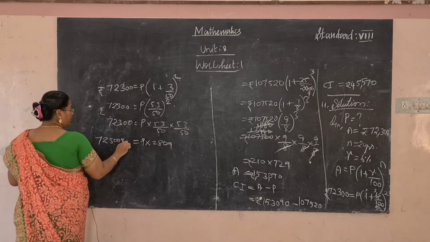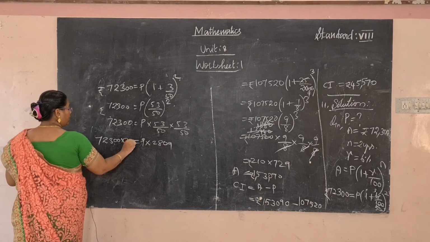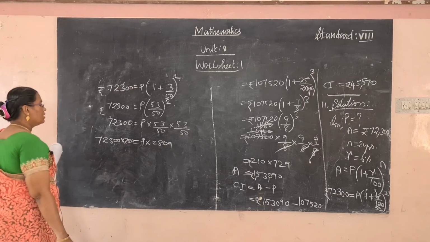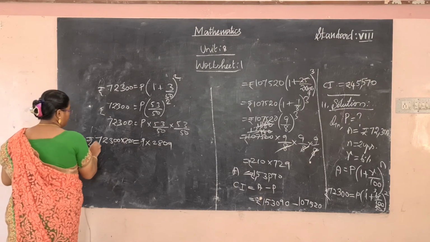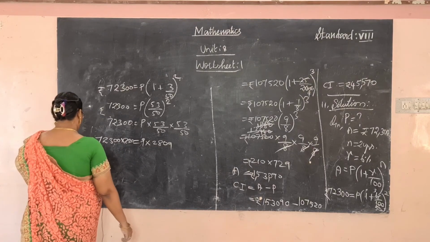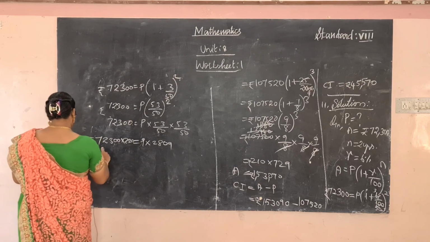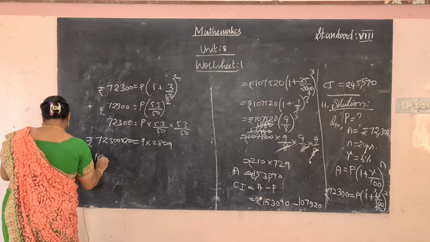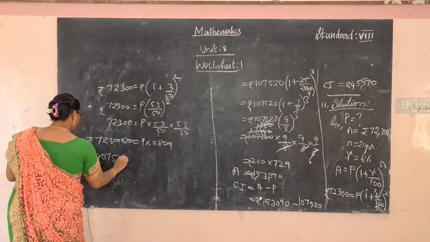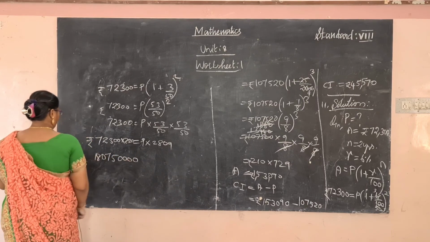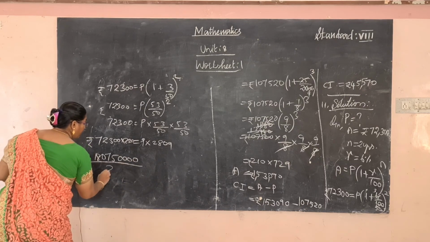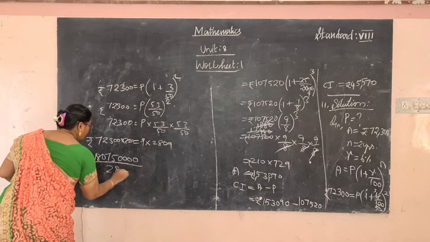72,300 into 2,500. So multiply these two values, and then divide by 2809.